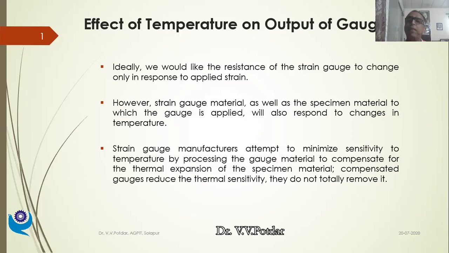This plate strain gauge is subjected to environmental effects alone, and the specimen strain gauge is subjected to strain effects or length change effects and also the environmental effects. So the delta R that I have on the specimen strain gauge will be equal to delta R because of epsilon, that is length change, plus delta R because of temperature change.